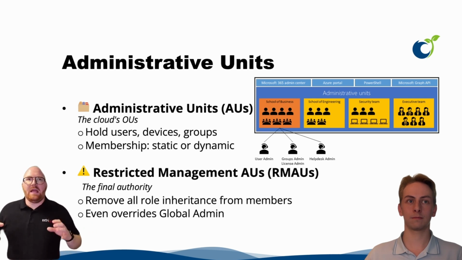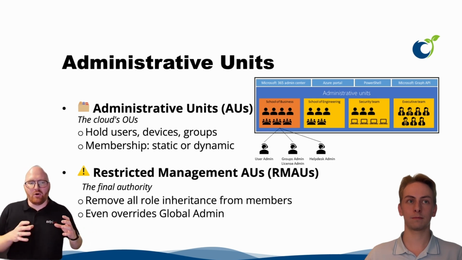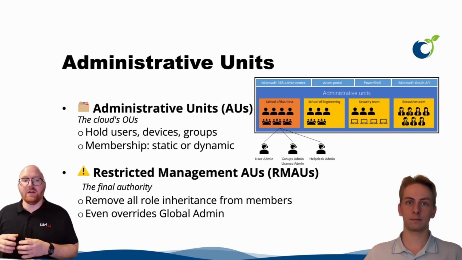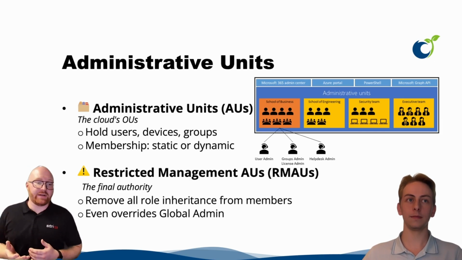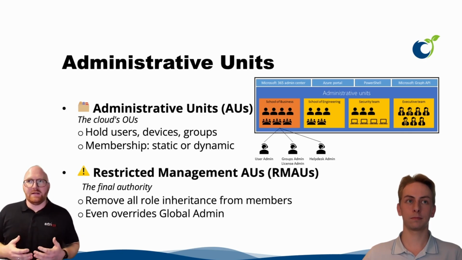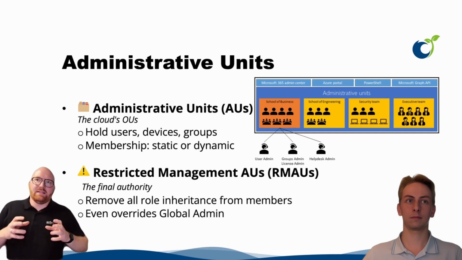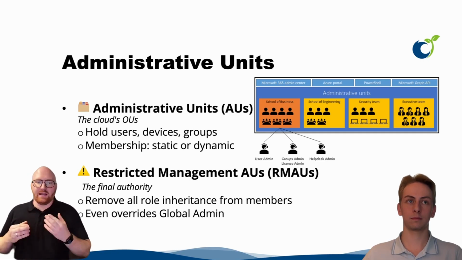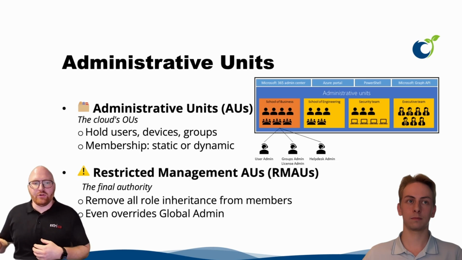And in my case, it's usually used for sensitive users, devices, and groups, utilizing what we call restricted management AUs. Restricted management AUs is a way to group different users, devices, and groups.